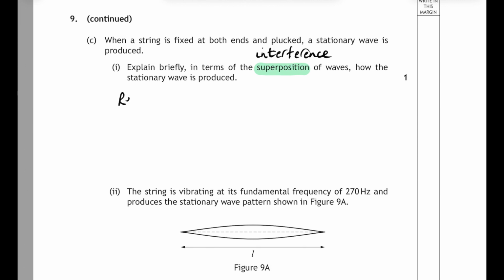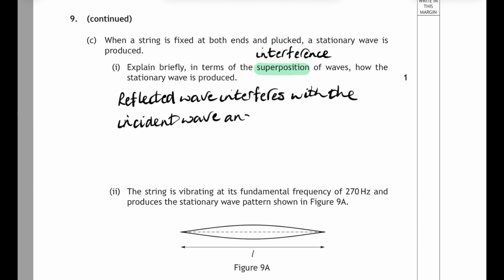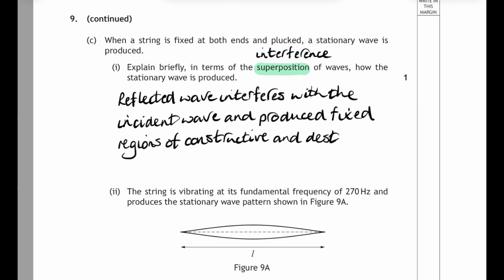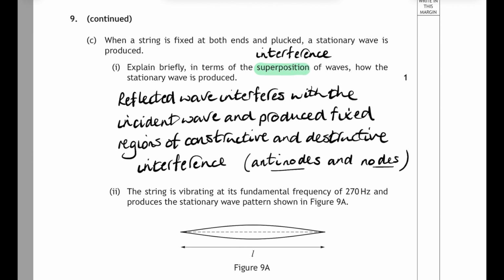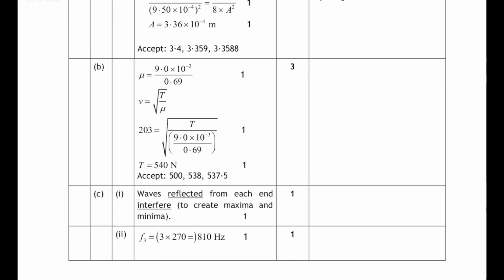So when a wave is travelling along the string and reaches one of the fixed points at the end, the reflected wave will interfere with the incident wave and produce fixed regions of constructive and destructive interference, also known as antinodes and nodes. But notice in the marking instructions, all you have to say is that the reflected waves from each end interfere with each other.